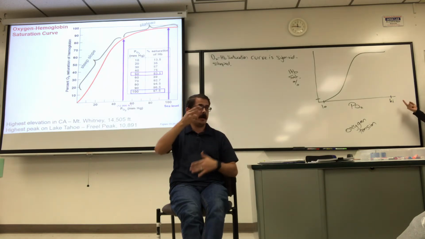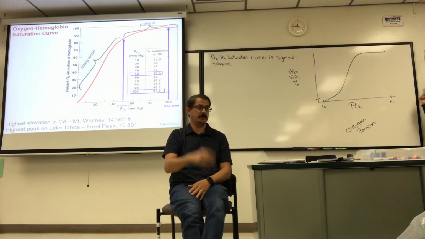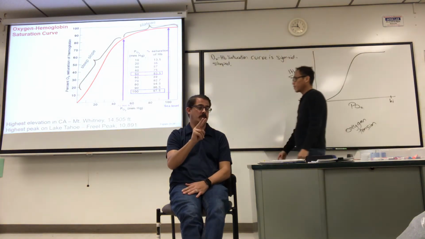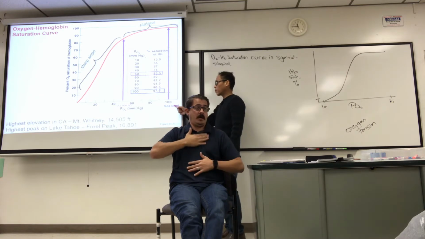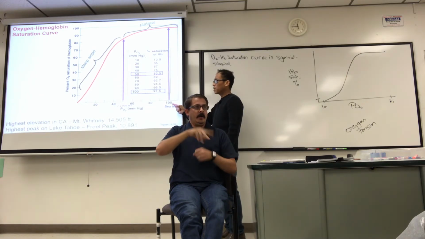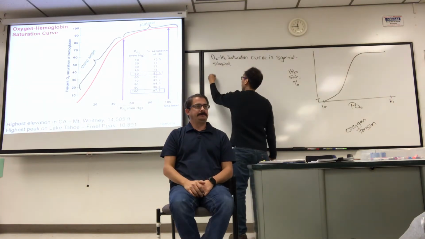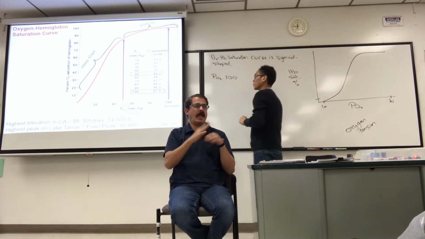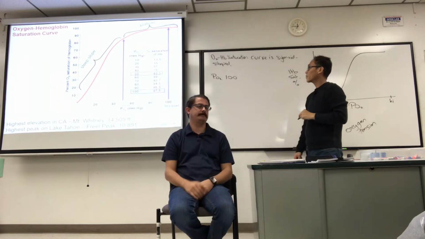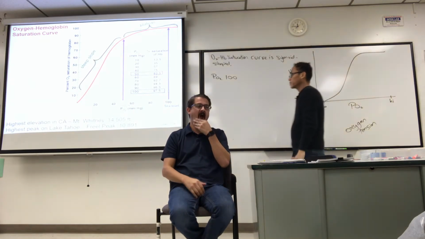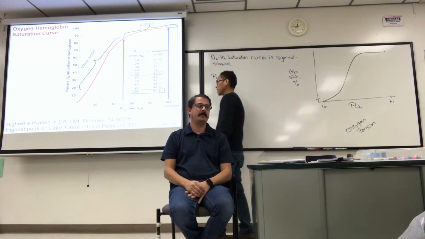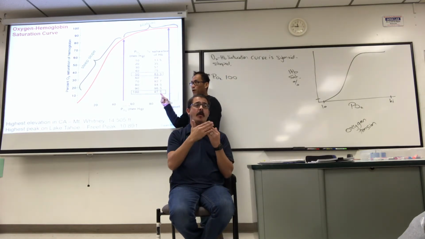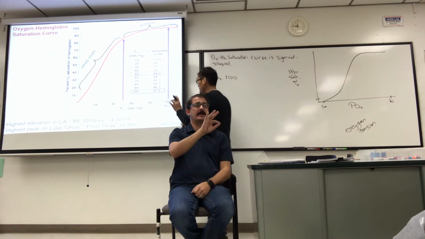And we wanted a lot of oxygen, and it turns out at sea level, the air we breathe here, for example, in Sacramento, the PO2 is about 100. And at 100, let's read it right off the table, the saturation level is almost 100%, 97.5% saturated.